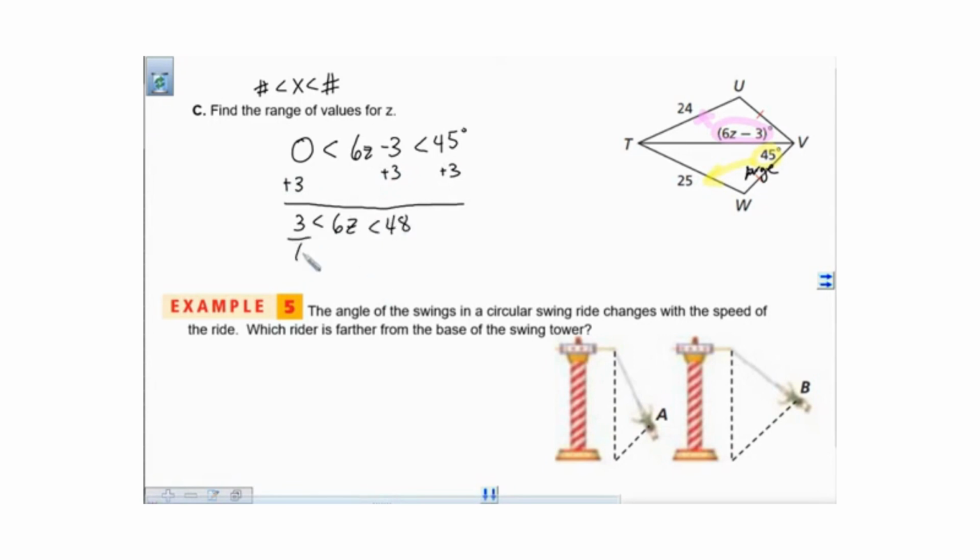And then we're going to divide by 6 on all 3 parts. That gets us 1/2 is less than z, which is less than 8. And that is our answer.